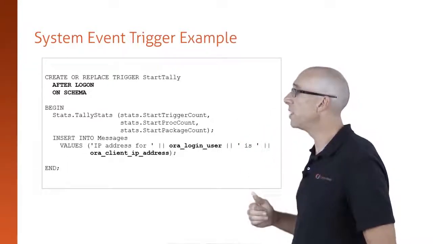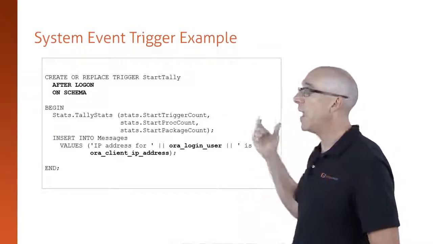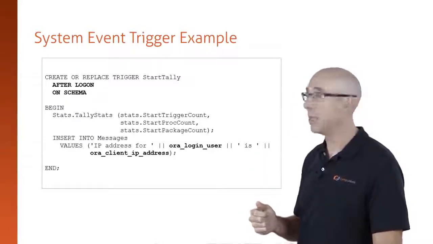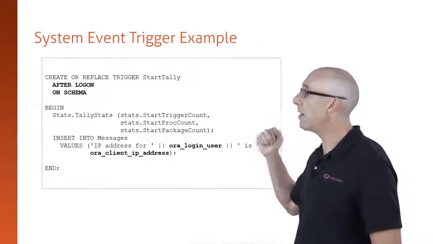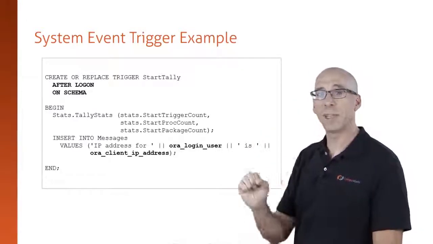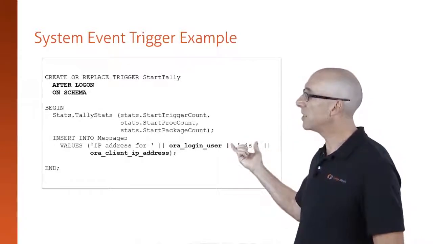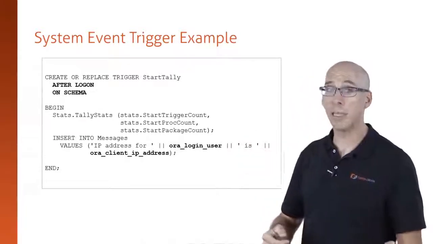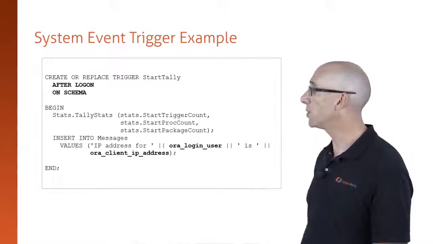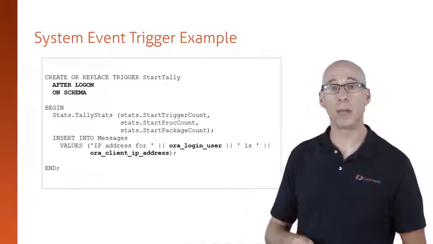So here is a system event trigger example where we have our create or replace trigger, and we're calling this start tally. And we have it occurring after you log on for a specific schema. And then we have begin, we have our stats.tally stats, this is a package, and we have three parameters where we have the start trigger count, start proc count, and the start package count.